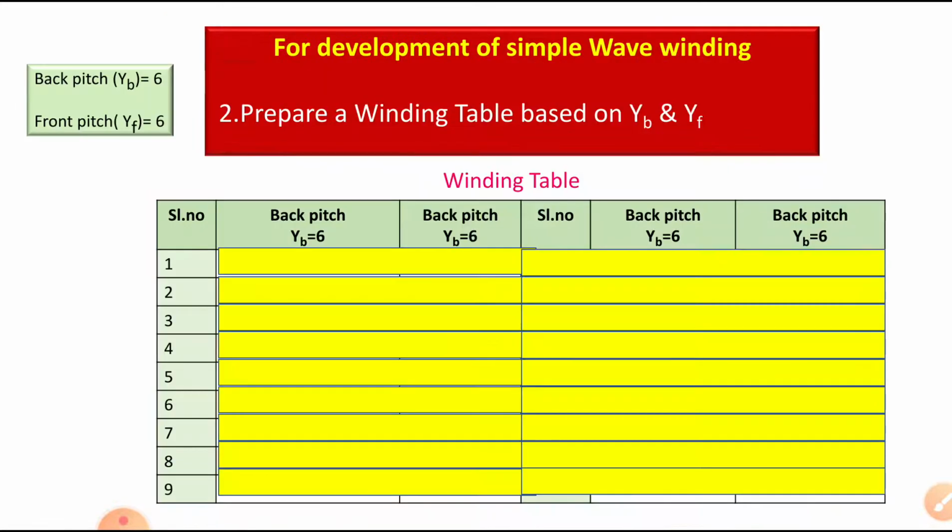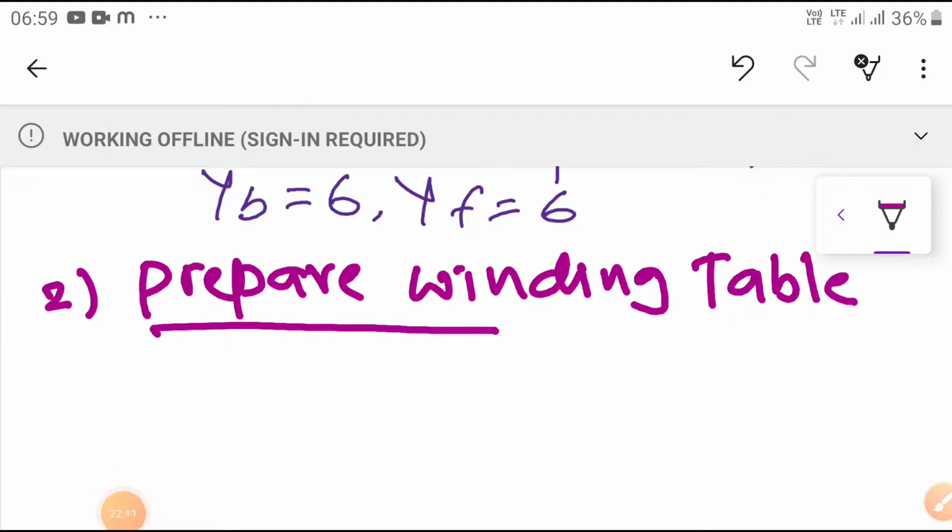The second step is the development of simple wave winding. Prepare a winding table based on back pitch and front pitch. Let us do the winding table manually, based on the known YB and YF.